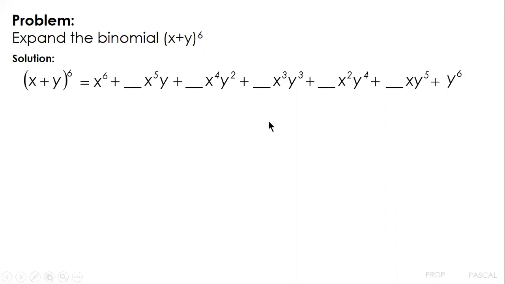And you can check the other properties. For example, property number 3, the sum of the exponents in each term is equal to n. 5 plus 1, 6, 4 plus 2, 3 plus 3, and so on. And then property number 1, the number of terms is equal to n plus 1. So 7: 1, 2, 3, 4, 5, 6, 7.